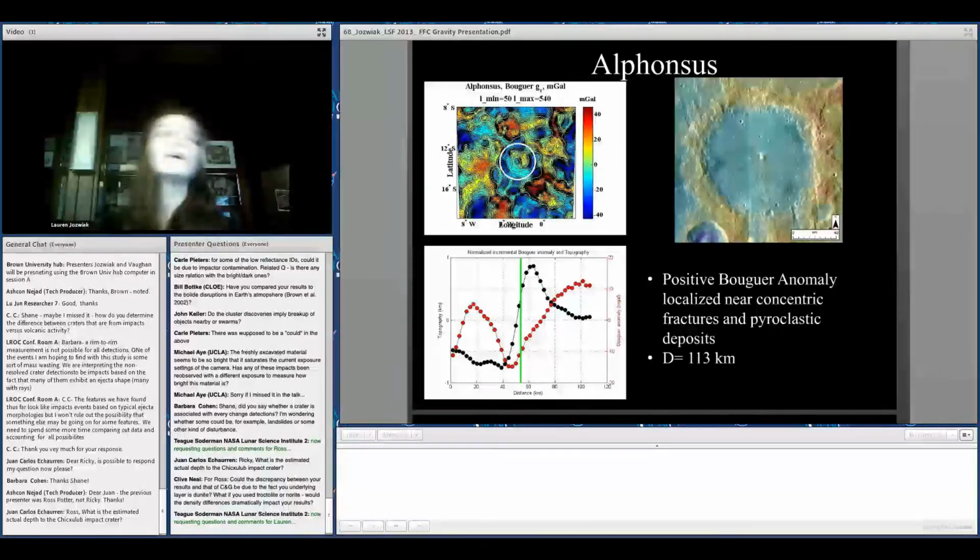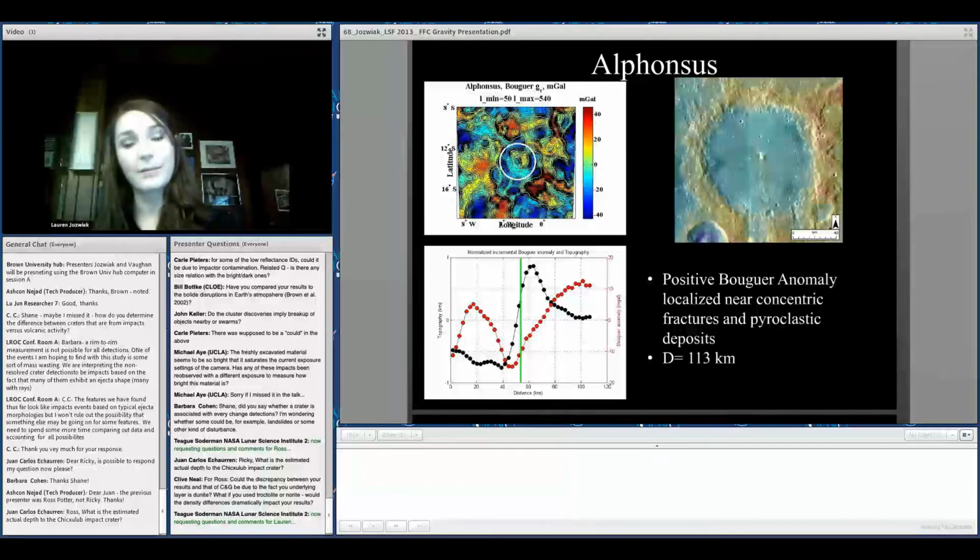And then finally, sort of a coup de grace is the crater Alphonsus, which shows just an absolutely gorgeous anomaly here in the northern and northeastern parts of the crater floor, which corresponds to a set of concentric fractures and pyroclastic deposits on the same side, the northeastern floor region.